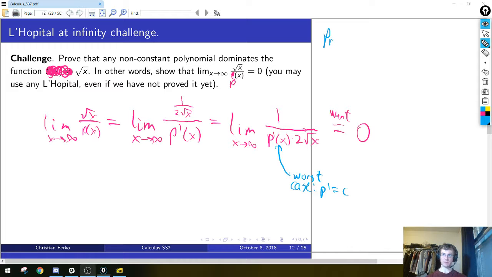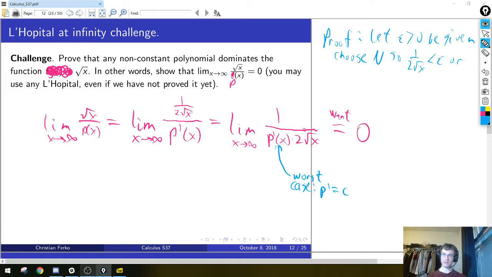I mean, the proof would be very short. You would just say, we're trying to prove that this goes to 0, so let epsilon greater than 0 be given, and then choose n so 1 over 2 root x is less than epsilon.